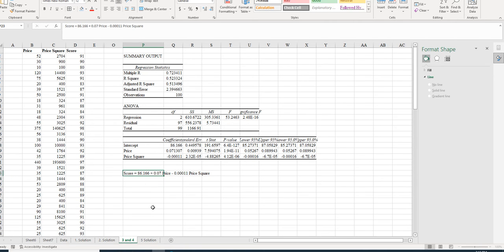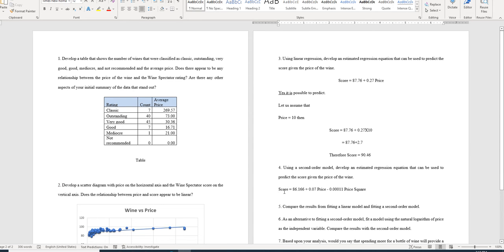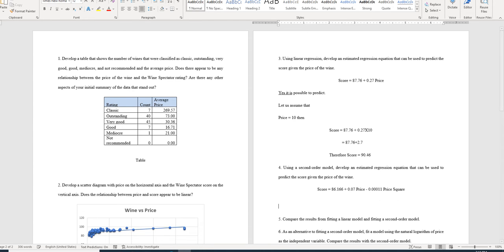This is the regression equation that is created out of the multiple regression that is performed. So now, can that be used to predict the given score for the price of the wine? Yes, it can be used because we have the regression equation, and we can predict with it.